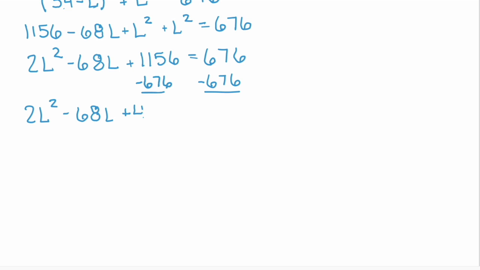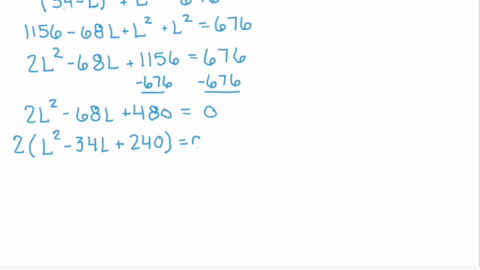plus 480 equals 0. Now notice we have 2 for our leading coefficient, and our other two terms are also divisible by 2. Factor out the 2, and you have L squared minus 34L plus 240 equals 0.